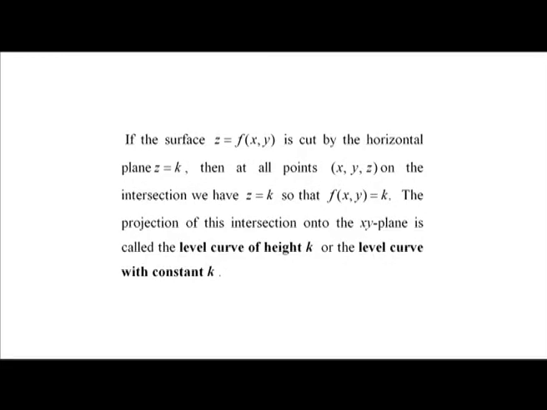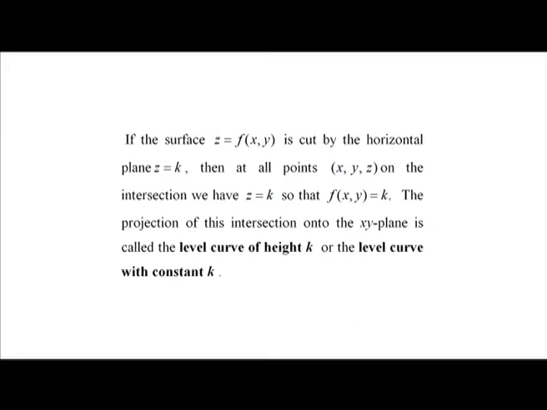Contour maps are useful for studying functions of two variables also. If the surface z = f(x, y) is cut by the horizontal plane z = k, then at all points (x, y, z) on the intersection we have z = k, so that f(x, y) = k.